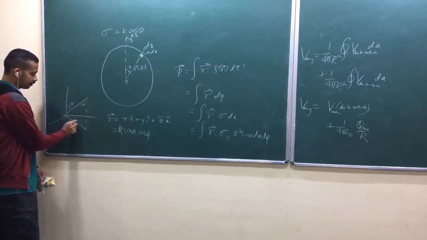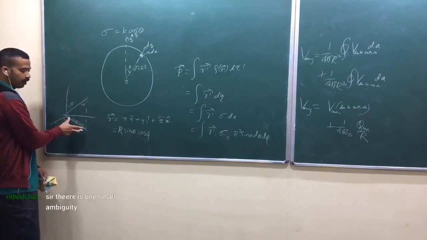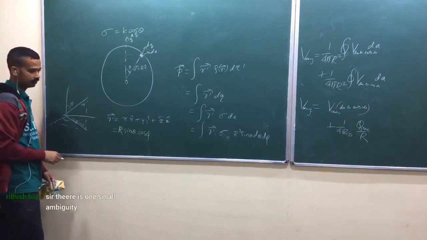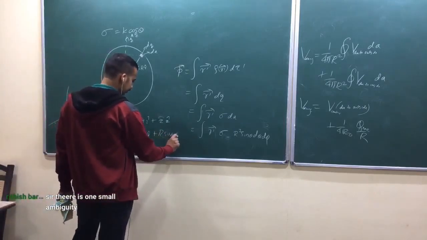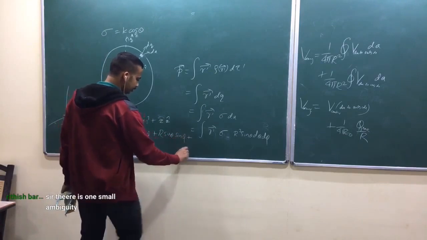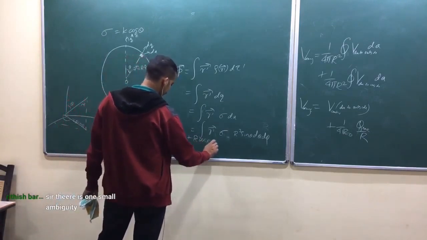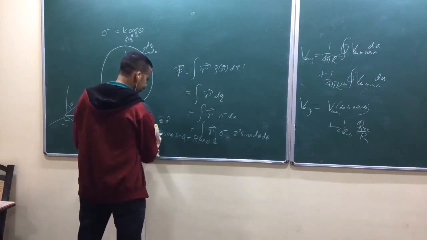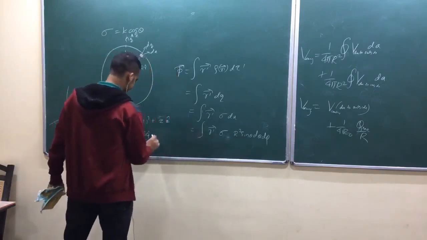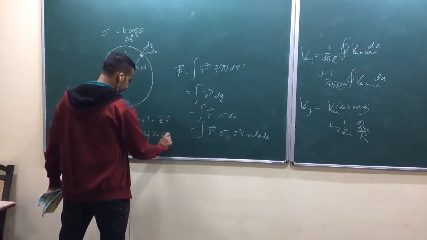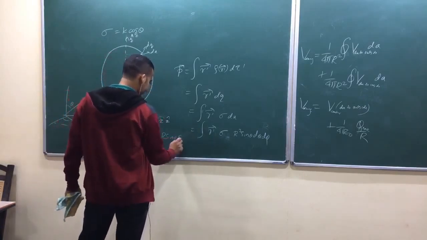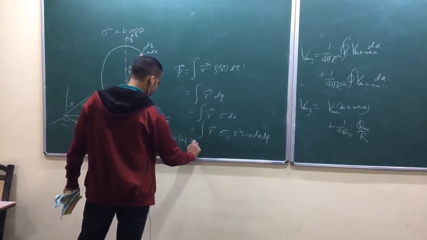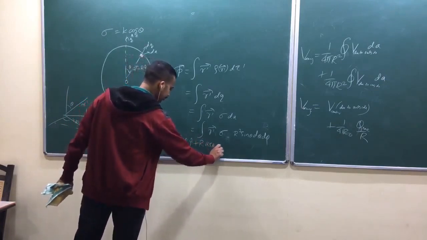This length is r sin theta, so this is r sin theta cos phi. Yes, that's correct. Plus y: r sin theta sin phi, plus r cos theta. Sorry, I forgot the unit vectors. So r prime is r sin theta cos phi x cap plus r sin theta sin phi y cap plus r cos theta z cap.